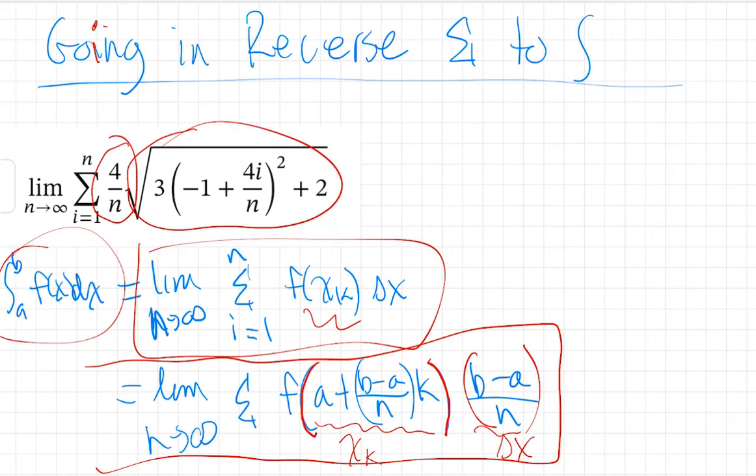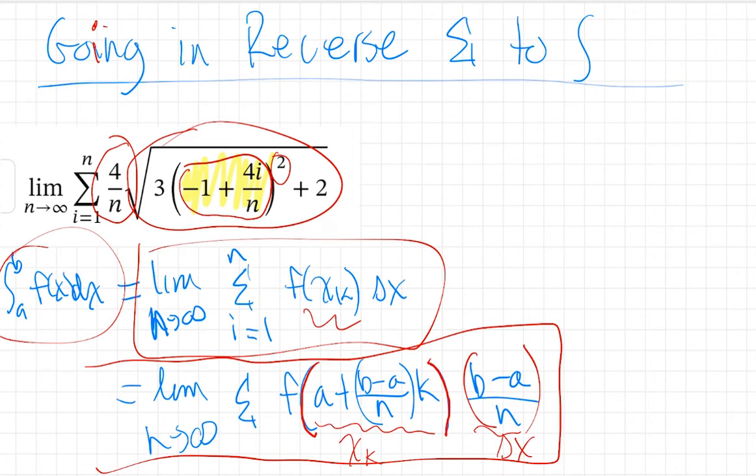Well, I know it's got a square root in it, and a square in it. If I look at the innermost part of this, that should be my xk. I'll highlight it in yellow. That part has got to be my xk.